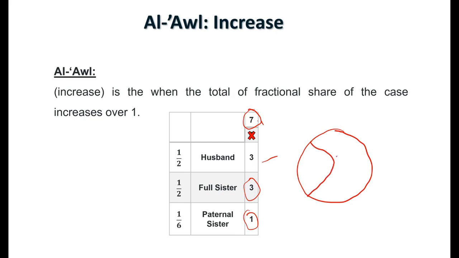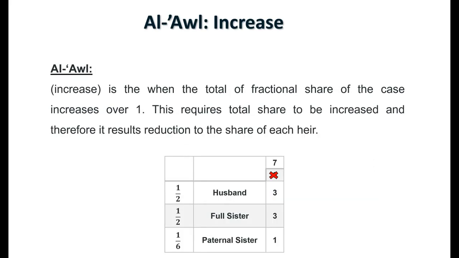It will be divided in 7 instead of 6. So the full sister, 1, 2, 3, she gets 1, 2, 3, and the husband gets 1, 2, 3, and the paternal sister gets 1. This requires total share to be increased, and therefore it results in reduction to the share of each heir.